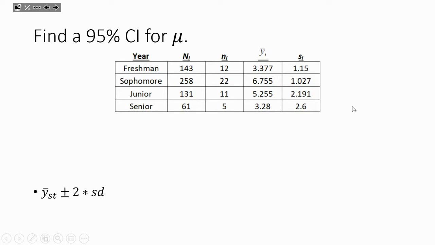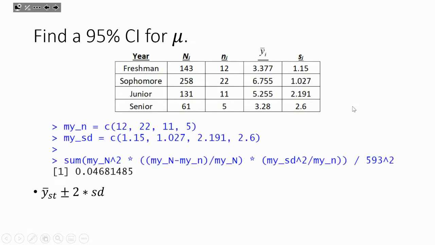We'll take the square root of the variance, which has kind of a complicated formula for a stratified sample.